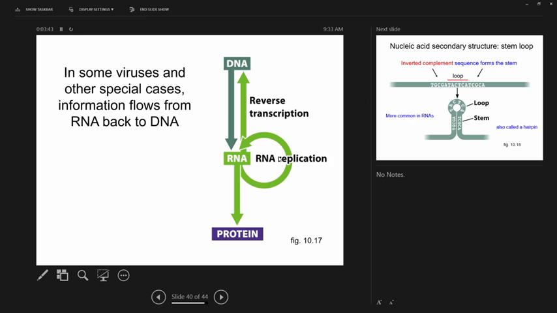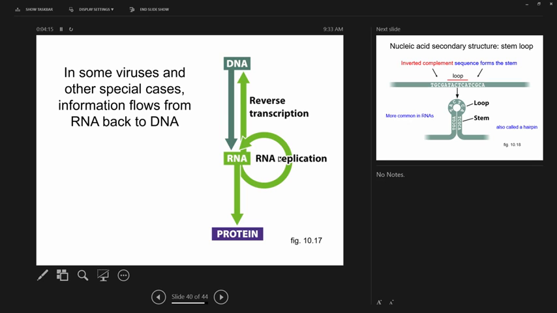So changes to the central dogma. First, there's a fly on the screen. The first major one was when a researcher named Howard Temin, who was, and I think still is, I don't think he's dead yet, at the University of Wisconsin at Madison, discovered an enzyme present in many retroviruses that will allow RNA to be used as a template and may allow you to make DNA based on that.